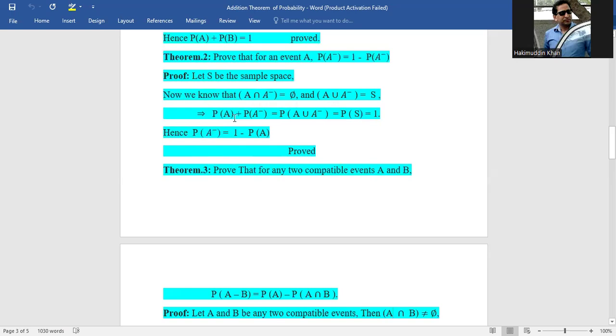P of A plus P of A complement becomes P of A union A complement equal to P of S equal to 1. Hence P of A complement becomes 1 minus P of A. या फिर हम ये भी कह सकते हैं, P of A complement equal to 1 minus P of A.